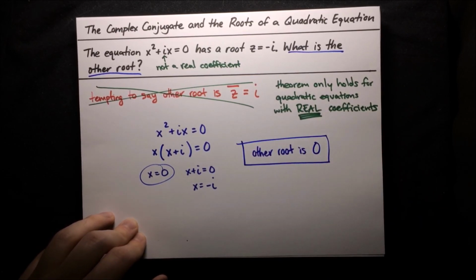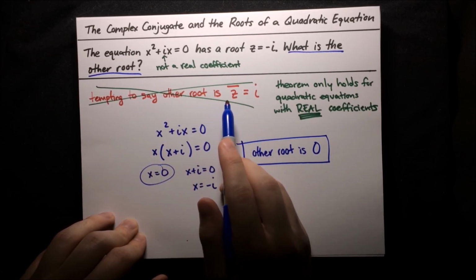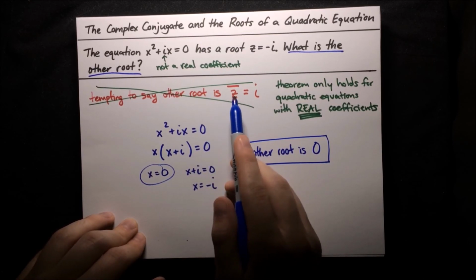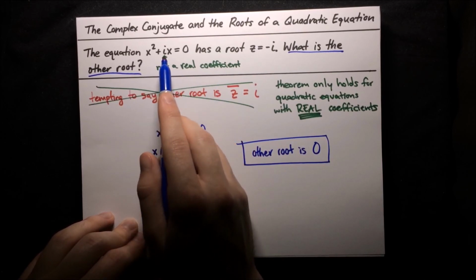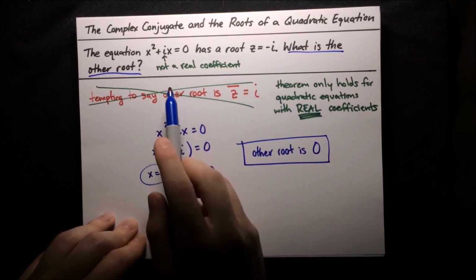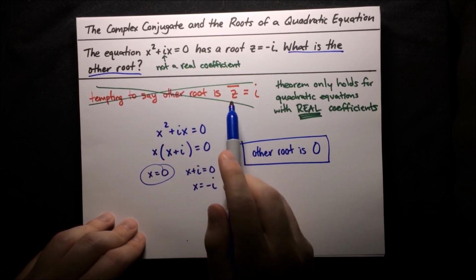So the takeaway of this example is just to remember, before you apply that theorem about the complex conjugate being the other root to a quadratic equation, make sure that the quadratic equation has real coefficients. That is a necessary condition in order for the theorem to apply. If you try to apply it to a quadratic equation which doesn't have all real coefficients, then it might lead you to a wrong answer.